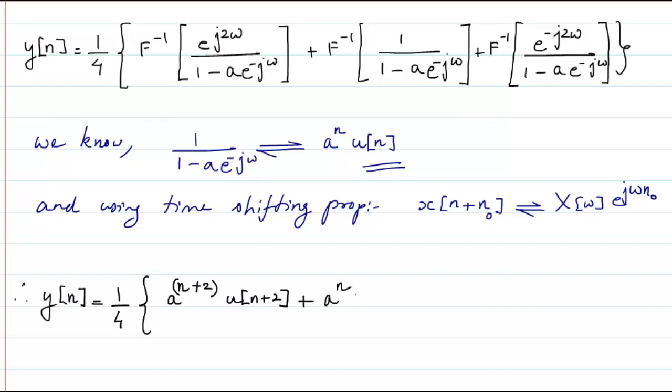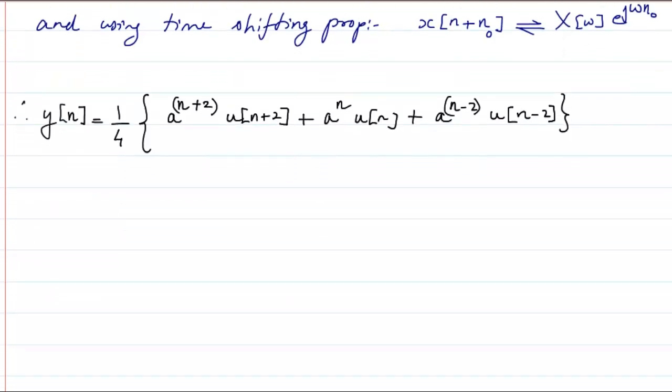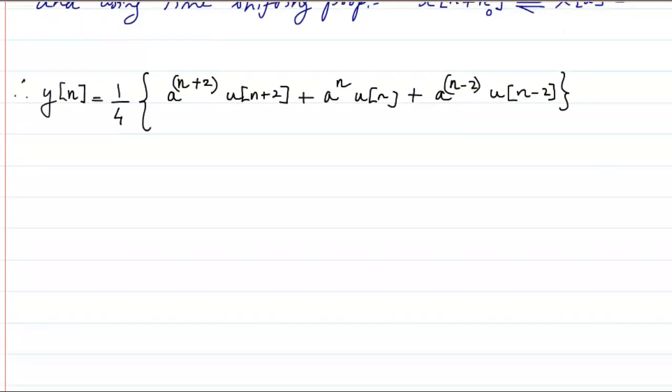The central portion will be a raised to power n u of n. The third portion, since it is e raised to power minus j omega 2, I will write as a raised to power n minus 2 u of n minus 2. So this is how we have found the Fourier inverse spectrum in this case. As you can see, the first instance we did a simple comparison, and in the second instance we used the property.